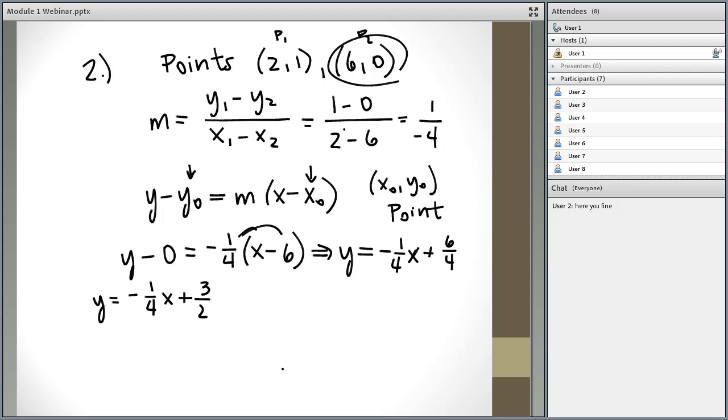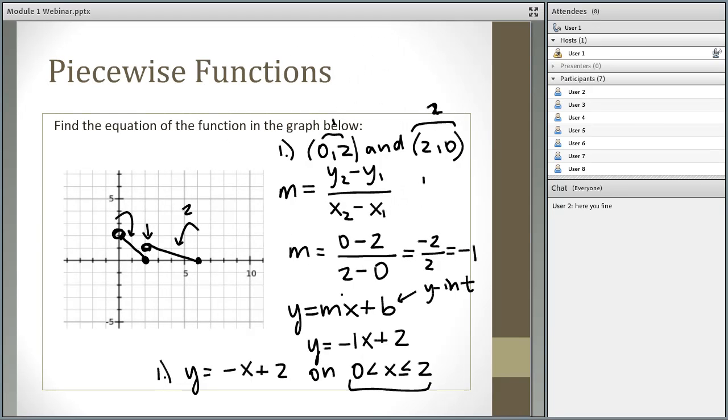And this is where the piecewise part comes in and where the open and closed circle come in. Where is this defined? So let's go back and look at the graph. Well, on this line here, and again, we're just looking at this line, we have an open circle on the left side, so at x equals 2, and we have a closed circle on the right side at x equals 6. So it's defined between 2 and 6.